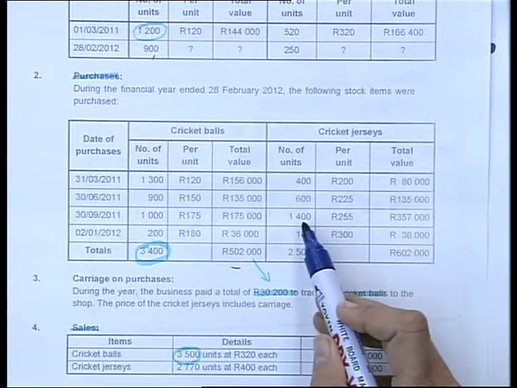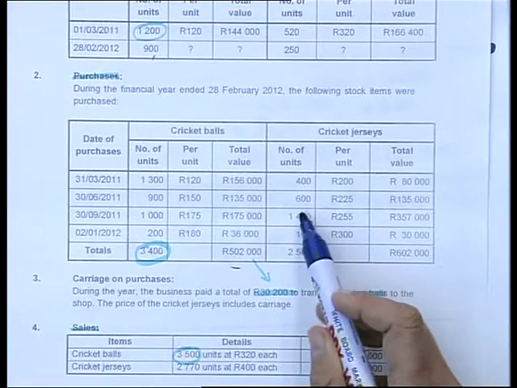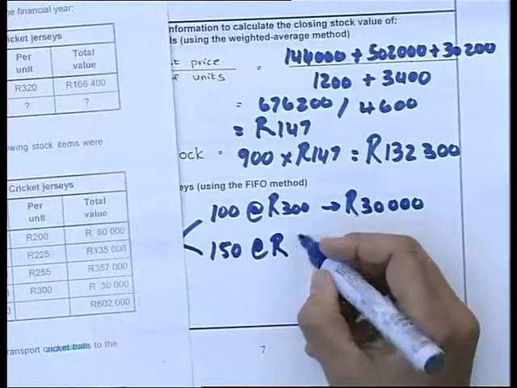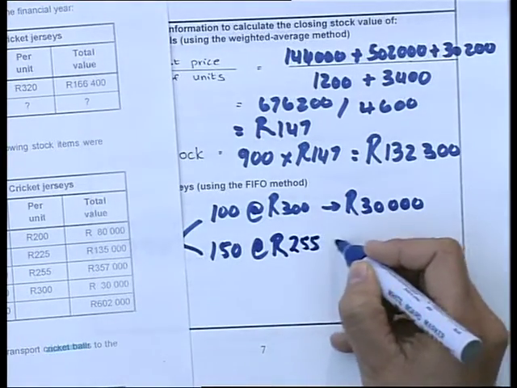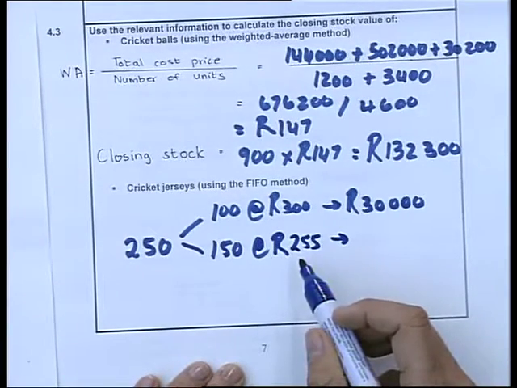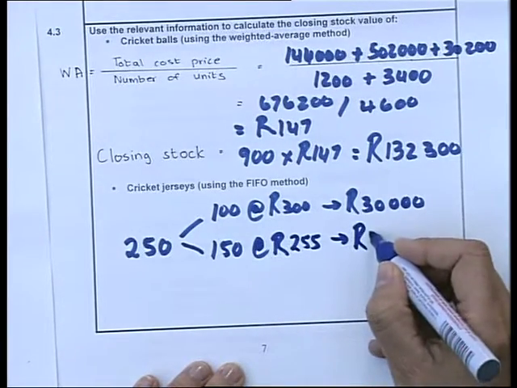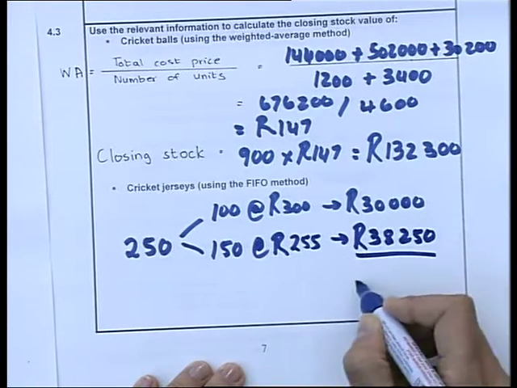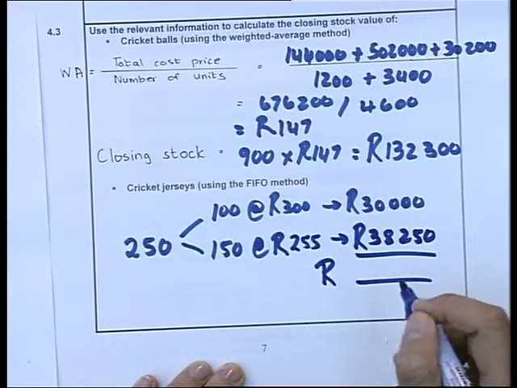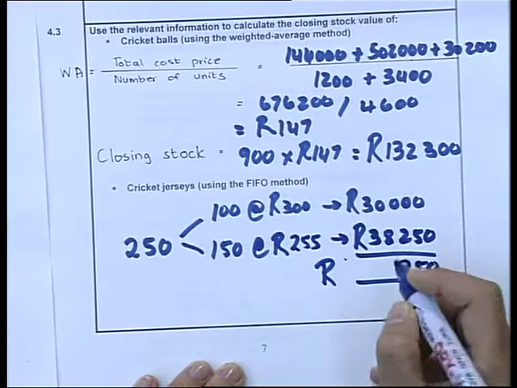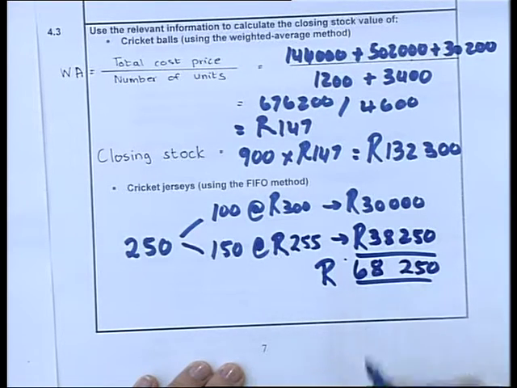That was purchased second last, so the other 125 is from those units at a price of 255. So in other words, 150 times 255 should give you 38,250. Okay, so the value of the closing stock is, if you add those two, you will get 68,250. Okay.